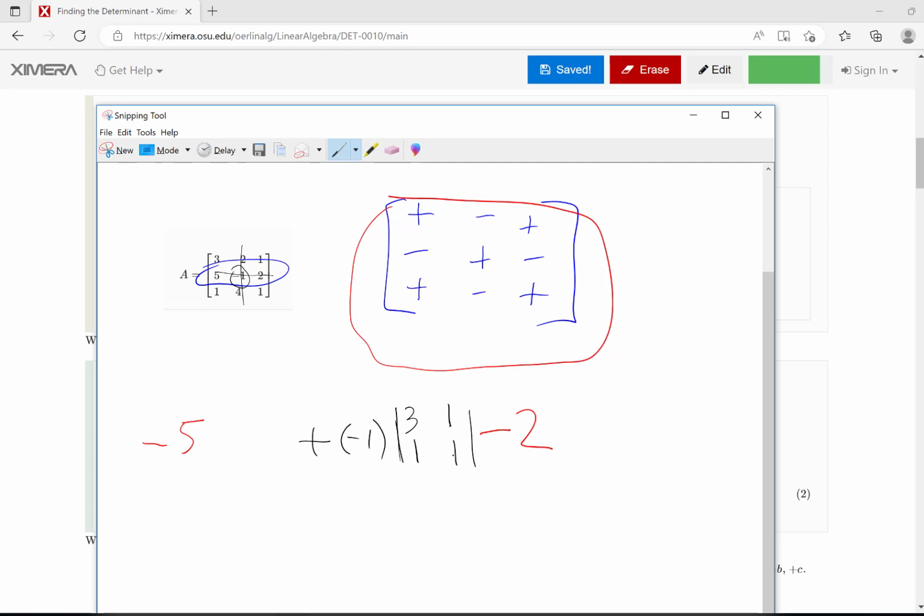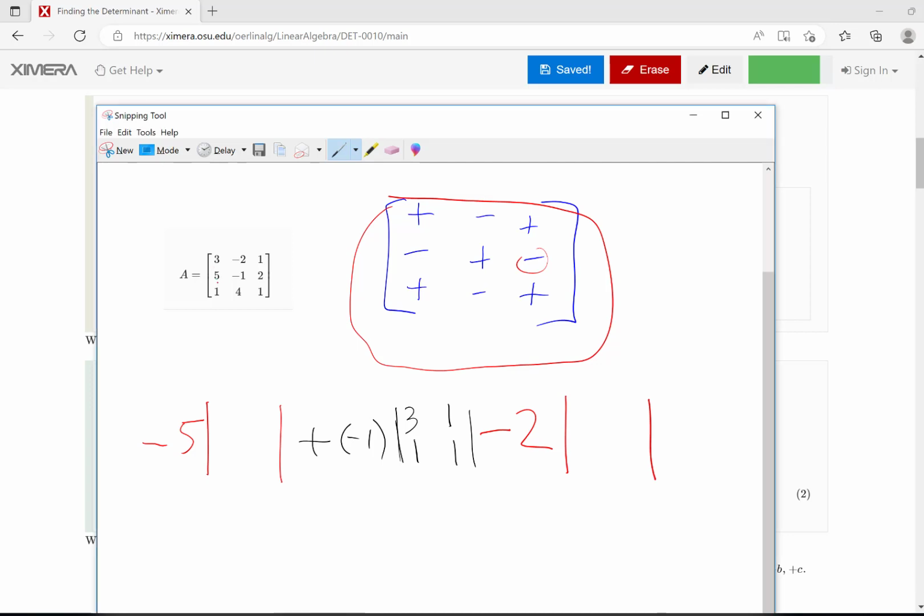Let's see how that works with the -5. I'll switch back to the red pen. So when I have my 5, again, it's negative because of the checkerboard pattern, times, now I need to put a 2 by 2 matrix here, and I'll take the determinant of that 2 by 2 matrix.